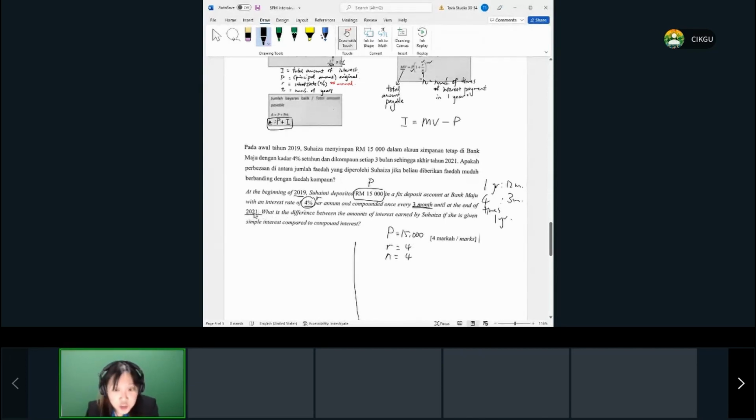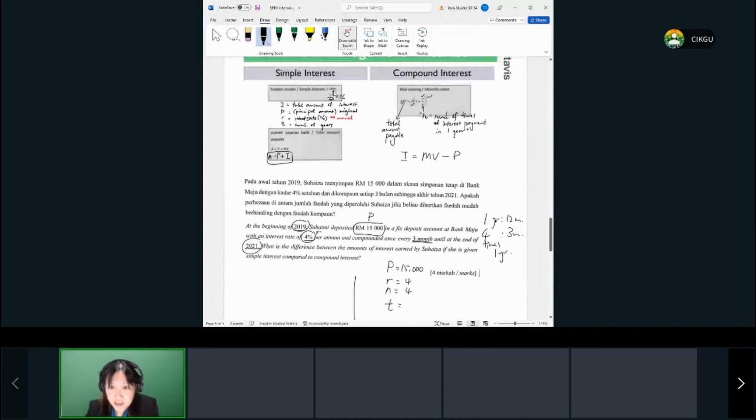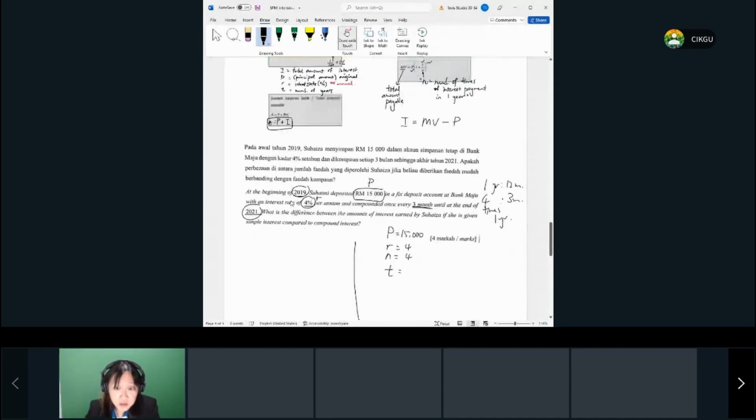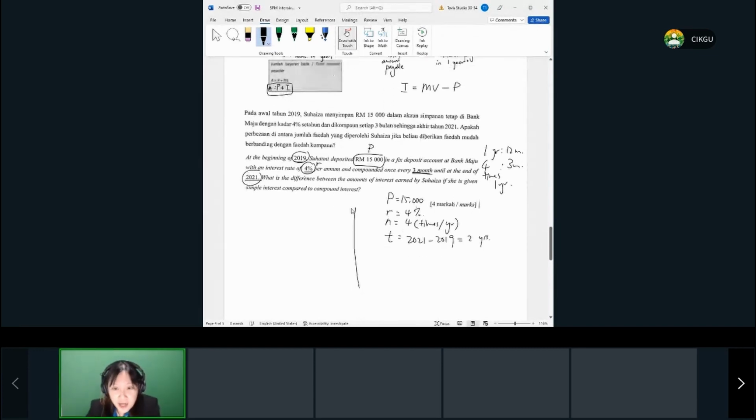So you started the investment in 2019 and ended in 2021. That means the number of years, T, is 2 years, because 2021 minus 2019. I just write out a unit for you so that you understand: you get the interest 4 times in a year. This one is the percent. Done.